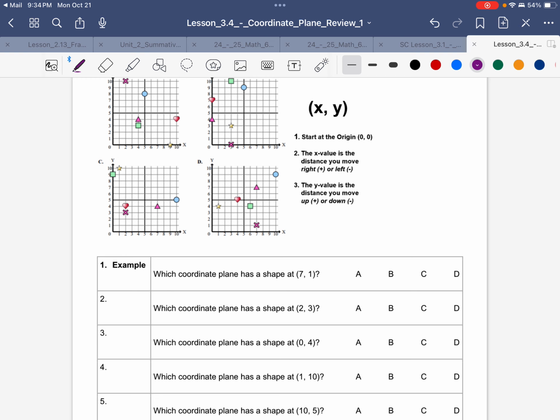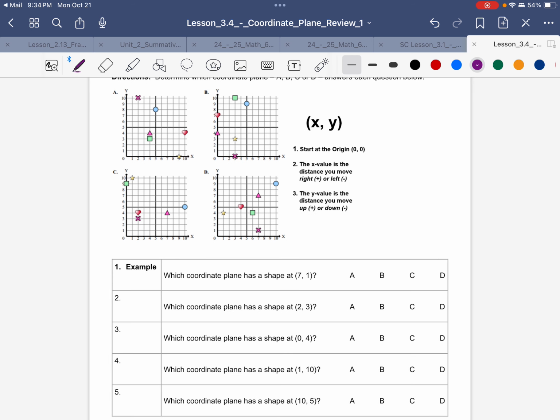We can start up here at A. I'll zoom out just a tad. So 7, 1 would be here. There is nothing there. 7, 1 here, nothing there. 7, 1 here, nothing there. 7, 1 here.